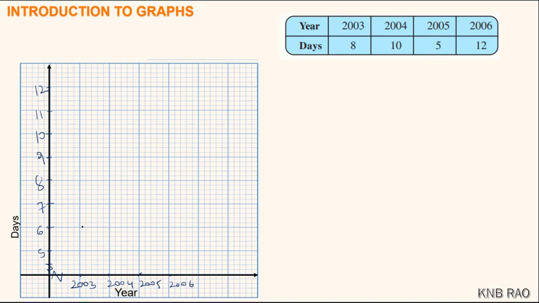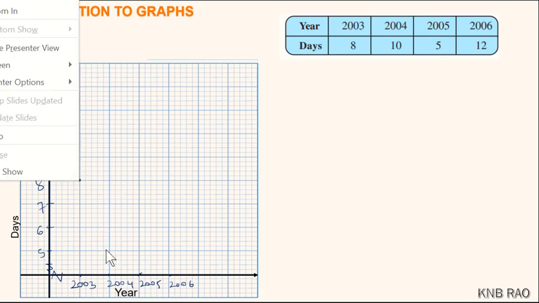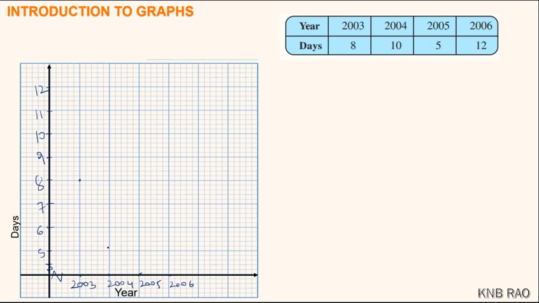Now I will show 8 corresponding to the year 2003, 2004 corresponding to that I will show 10, then 8, 10. In the year 2005 it has received only 5.